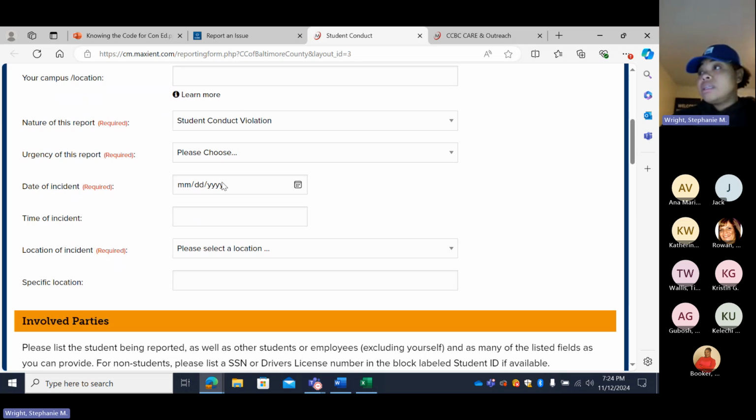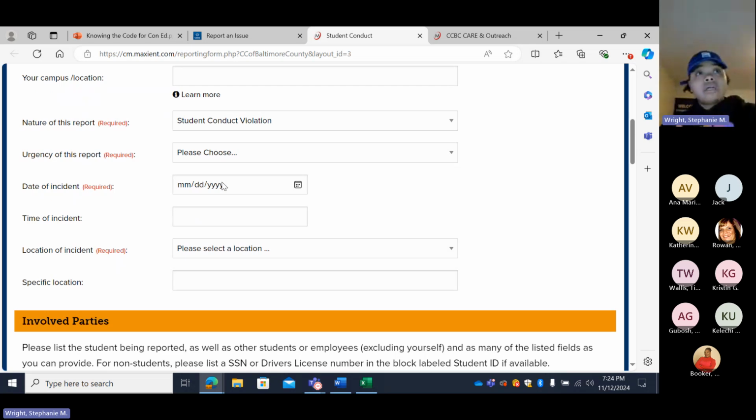Date of the incident, and this is really important because when we're having the conversation with the student, we utilize this information to try to craft that timeline, understanding where they were, what was happening for them prior to, during the incident occurring, right? So making sure that's completed and that is timely. So if an incident occurred on Monday, try to get this report into us on Monday, Tuesday at the latest.